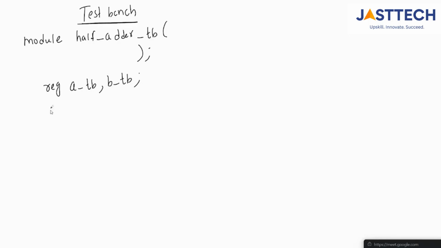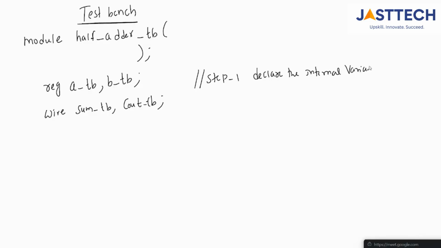And wire sum underscore tb, cout underscore tb. So this is step 1: you need to declare the internal variables.